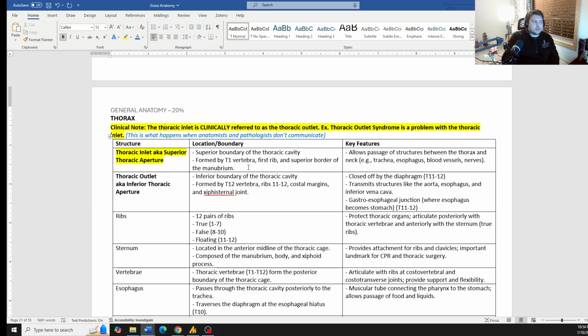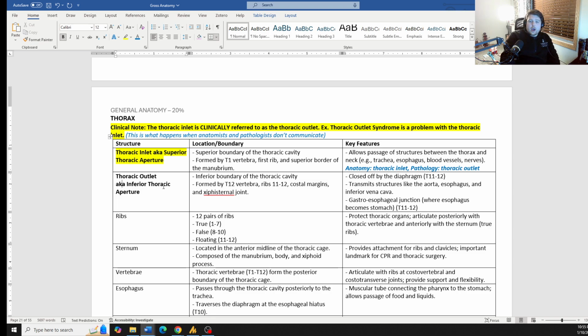The trick to remembering this is, if you're talking about anatomy in general, so it's purely anatomical, call it the thoracic inlet. If we're talking about pathology, so the neurovascular bundle being squished, being compromised, having symptoms, call it the thoracic outlet. Okay? It gets a little bit confusing, but that's the best way that I can clarify that.